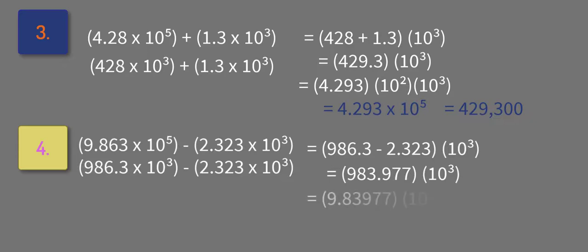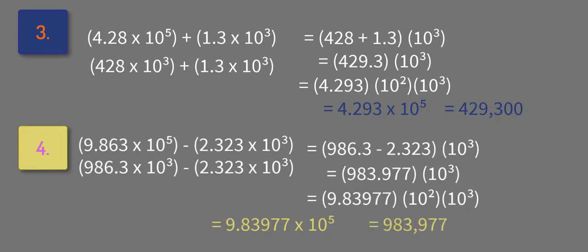So 9.83977 times, we moved it 2 places, so 10 squared times 10 cubed. That equals 9.83977 times 10 to the 5th. We add the exponents because we have the same base of 10.